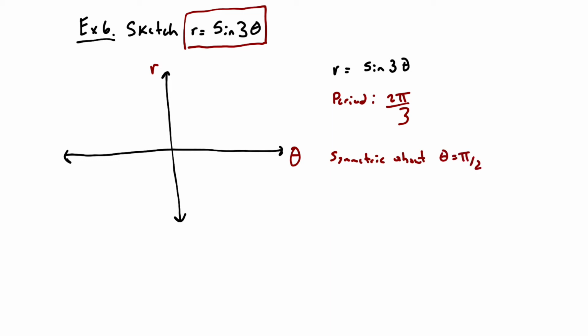Therefore, to graph this function, we really only need to figure out what's happening between negative pi divided by 2 and pi divided by 2.